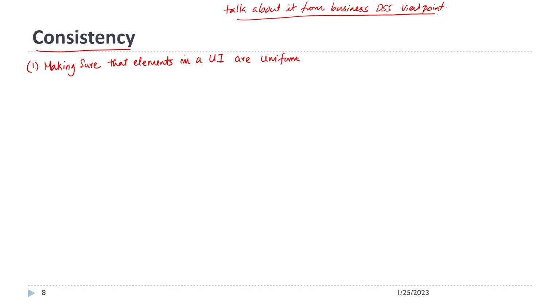When you say they are uniform, what do you mean? They look and behave the same way. Consistency makes sure that the UI elements are uniform, so a button means a clickable button, and that is it.